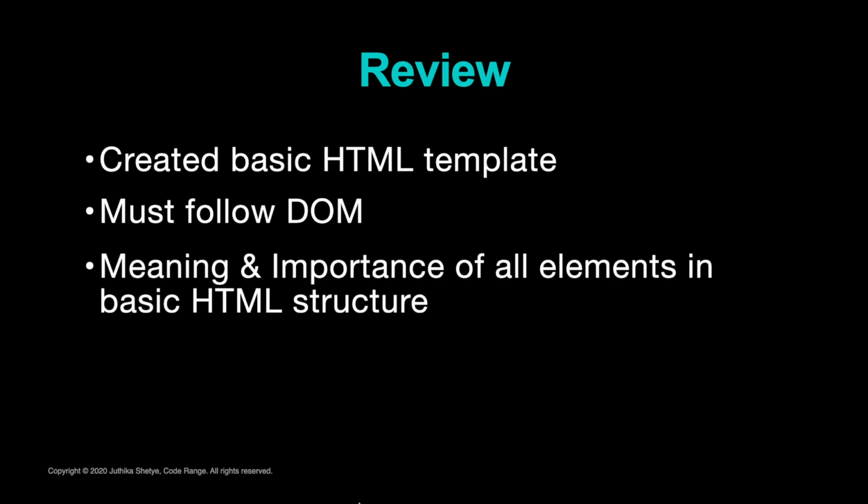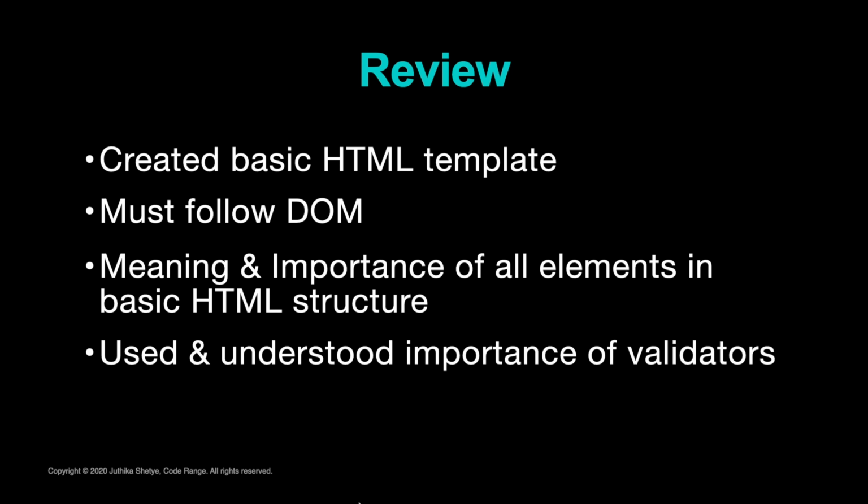We also understood the meaning and importance of each element in the basic structure of our page and saw some examples of what happens if some are missing. And finally, we also used a validator to check if our code is written correctly so that it displays well on all browsers. So that's it for today.